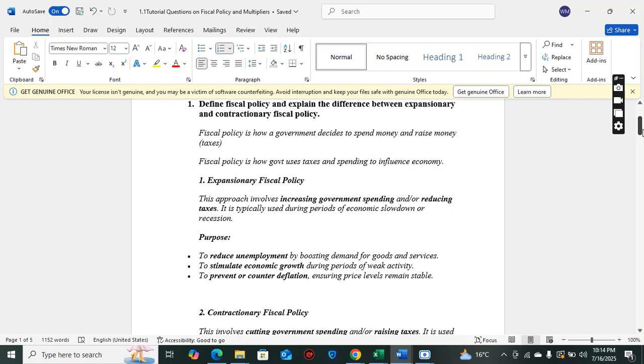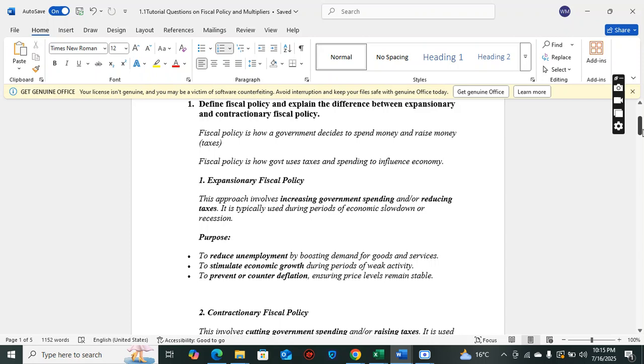Another reason why government can implement expansionary fiscal policy is to stimulate economic growth, in terms of growing the GDP, because as government expands, it can also help businesses expand, and they also produce more. As government is spending, that's more money in people's pockets.